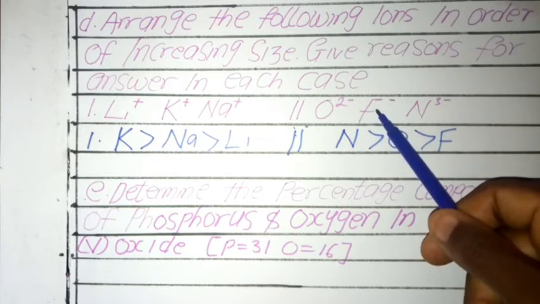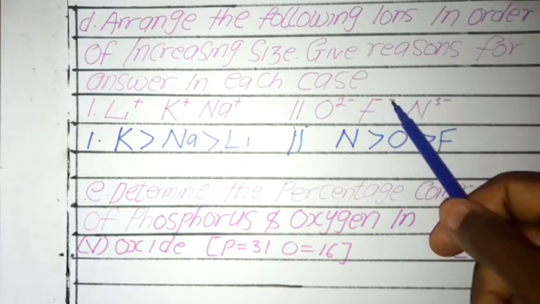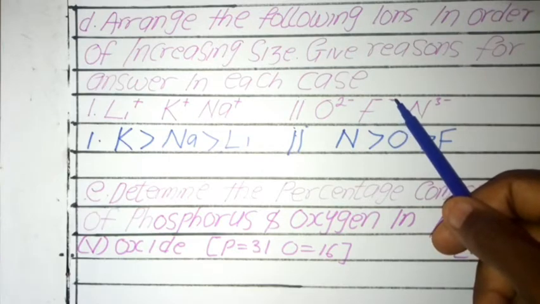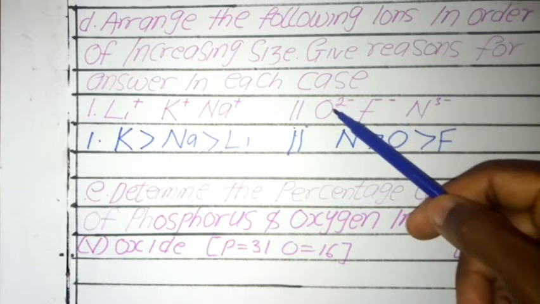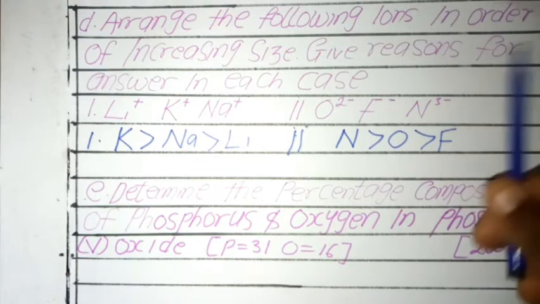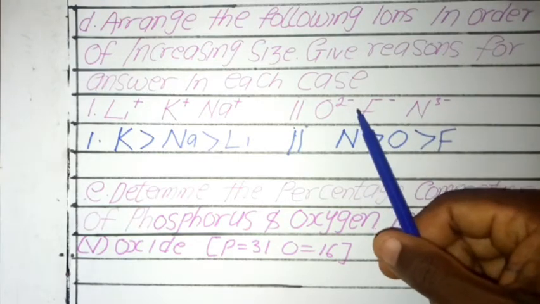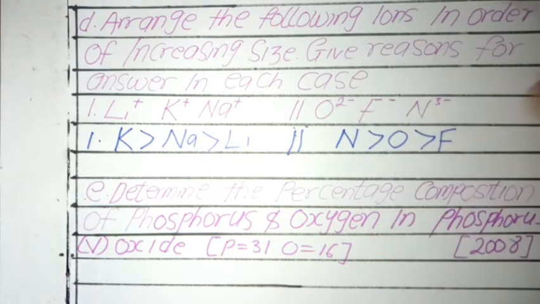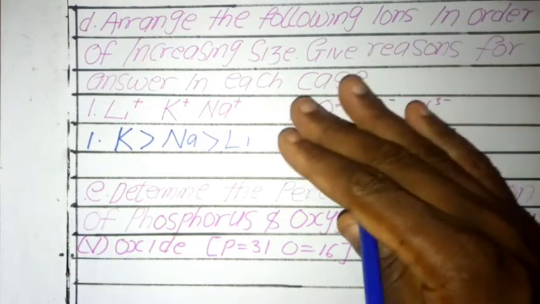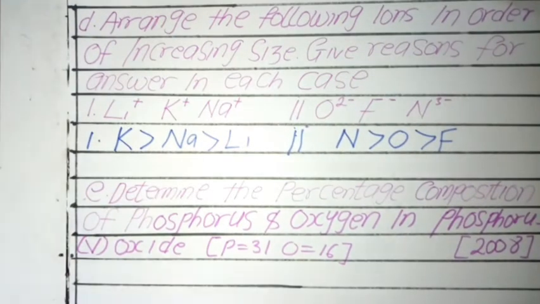Fluorine has atomic number 9, and minus means it received 1, so 10. Oxygen has atomic number 8, and 2 minus means it has received 2, so 10. So they all have 10 electrons. So that is like a tie.